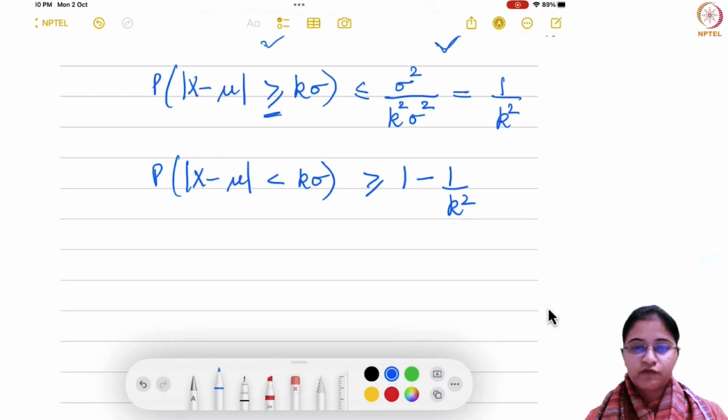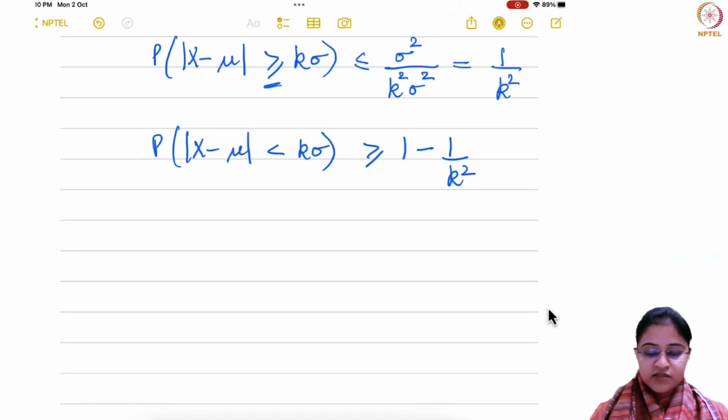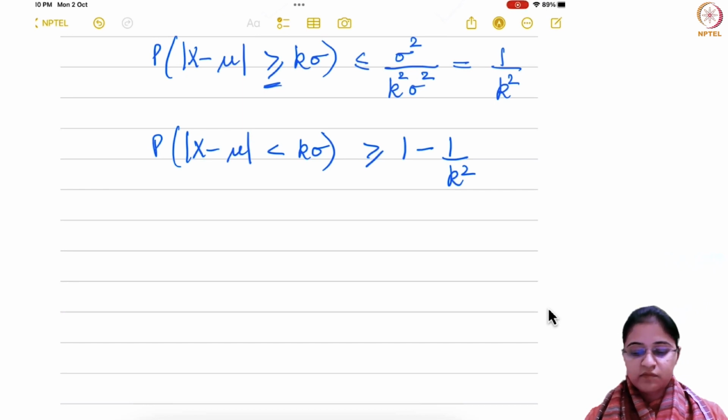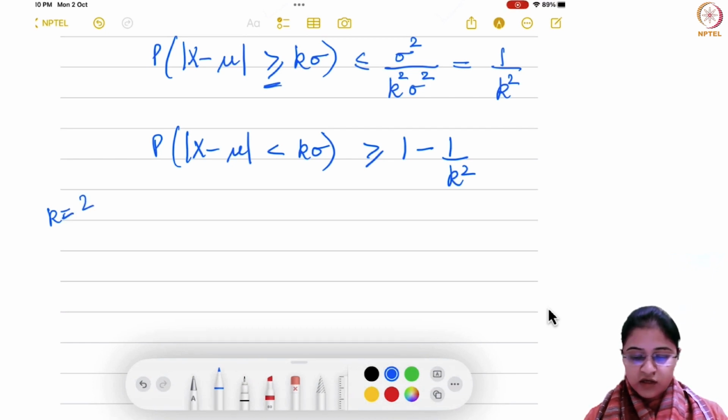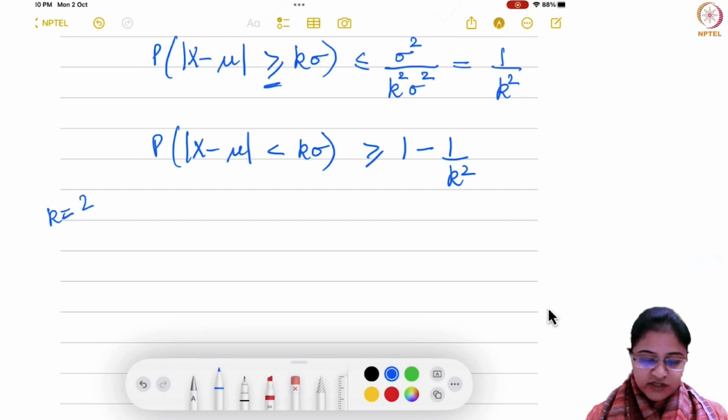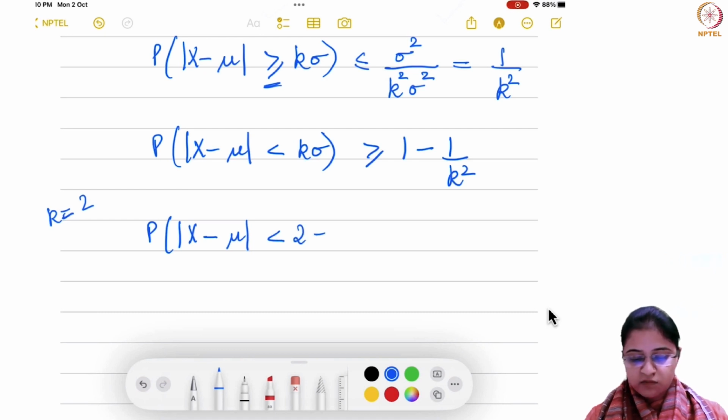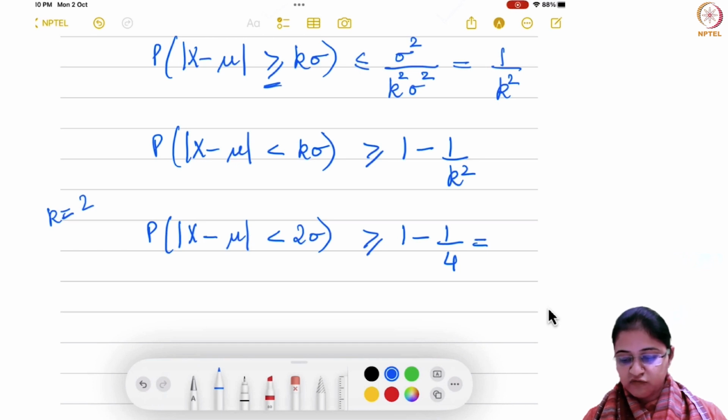Okay, and this is what we want, because k cannot be 1, since the right hand side will be 0 in that case. For k is equal to 2, what do you get on the right hand side? Let us see the left hand side. It says that mod of x minus mu is less than 2 sigma. This probability is going to be greater than 1 minus 1 by 4, which is 1 by 4 is 0.25, so this is 0.75.